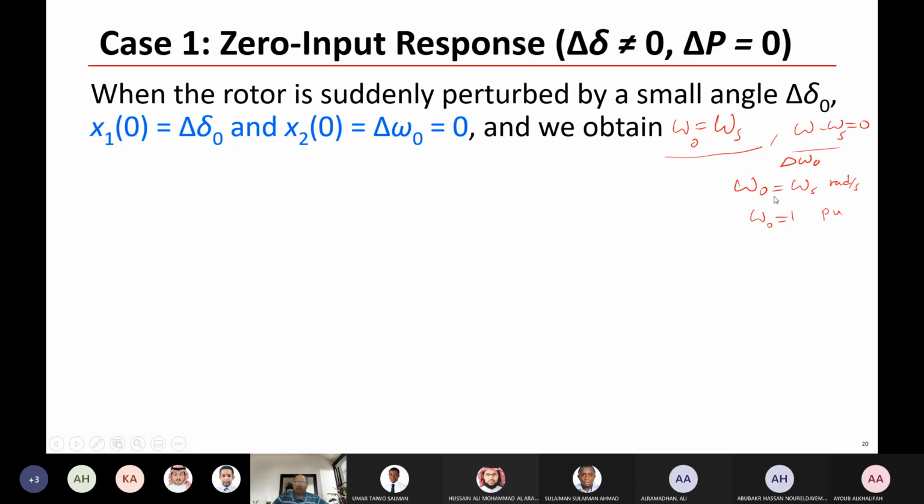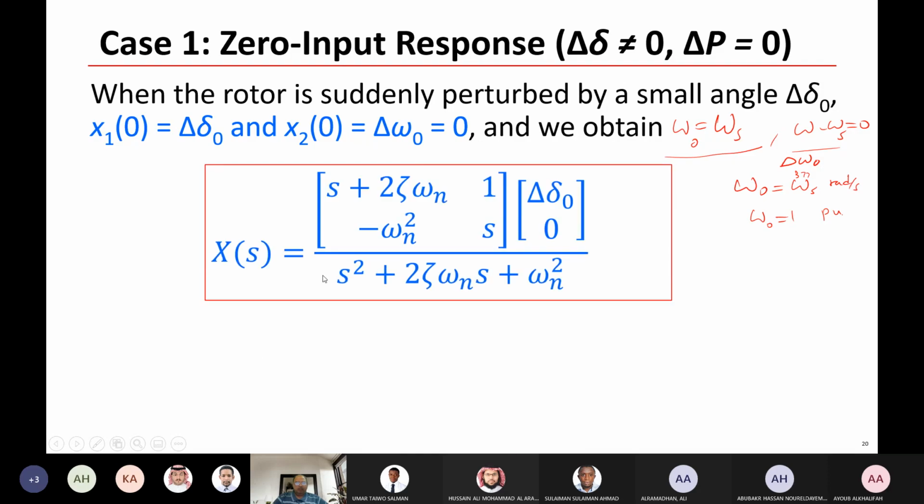In radian per second, it is equal to 377 for a 60 hertz system and 314 for a 50 hertz system. So these are the initial conditions. We have an initial step in state, zero input response. We have an initial change in the state, but there is no change in the input. So we have delta 0 and delta omega 0 equal to 0 here.